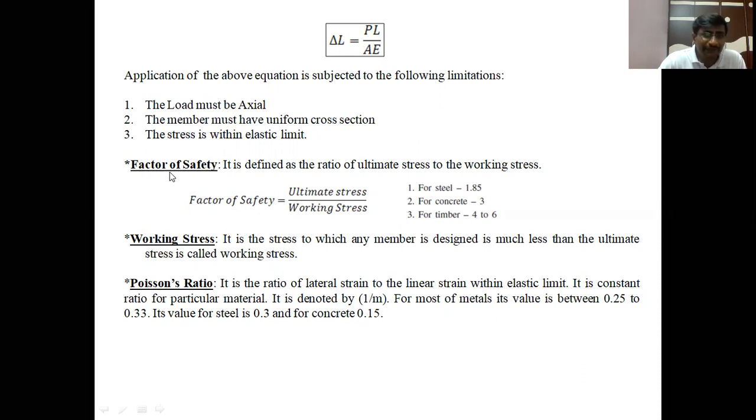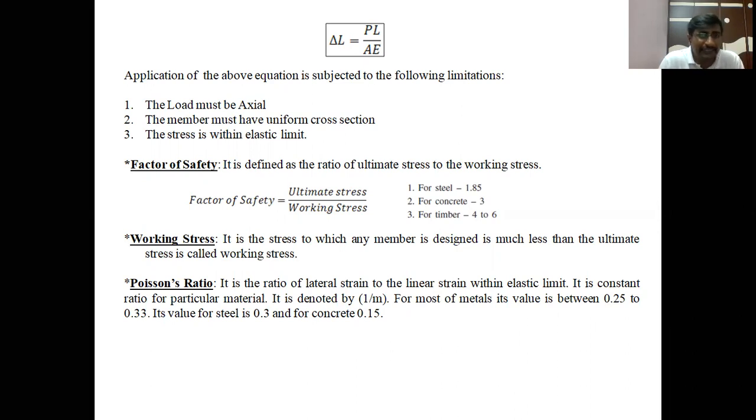Some of the definitions which are used in the mechanics of solids are factor of safety. When we design a member, it must be in a safe condition, so the member must be below the ultimate stress. The member is designed for the working stress, which must be below the ultimate stress.